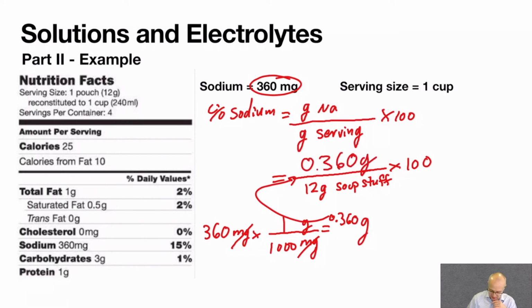So you put grams up there and multiply by 100 equals. All I did was convert milligrams to grams. Not a big deal. You can all do that probably in your sleep by now.